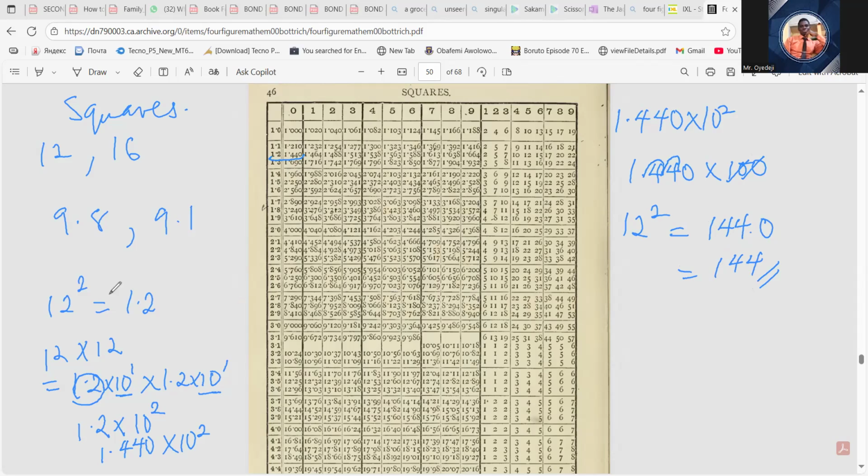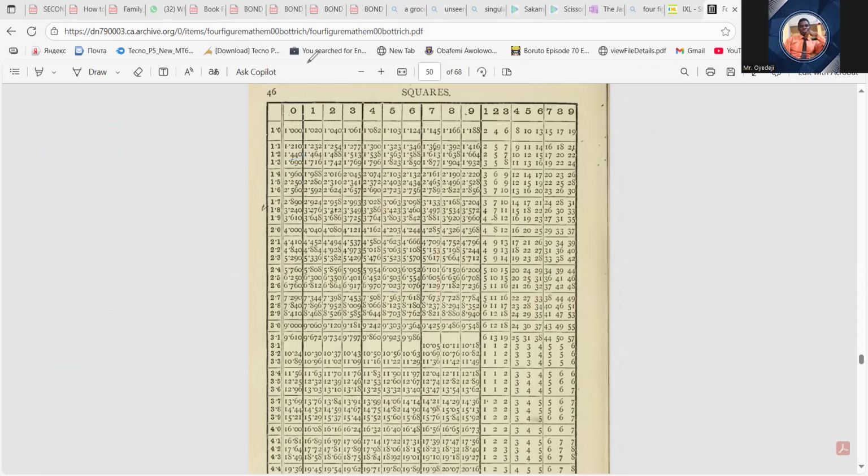All right. Let's move to the next one. I'll have to clear everything to make it easy for us. Okay. Still under squares. We have done 12, and we know that is 144. Now 16. For us to do 16, same way we say 1.6.